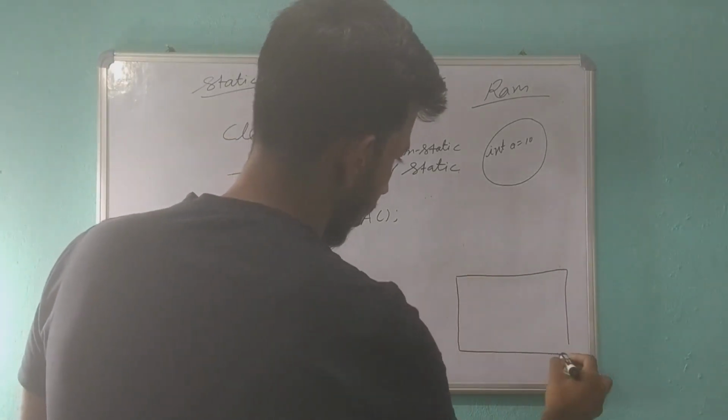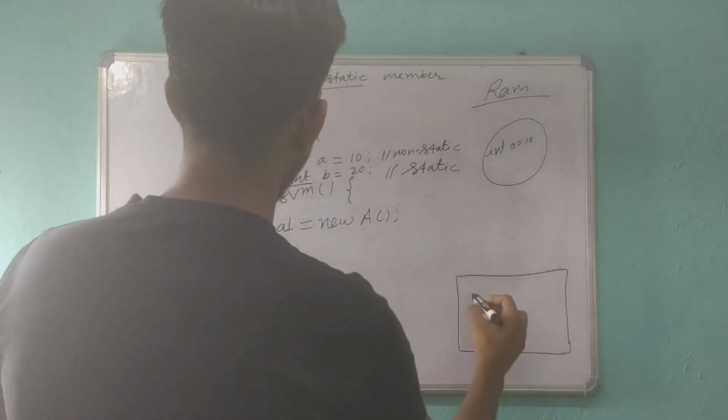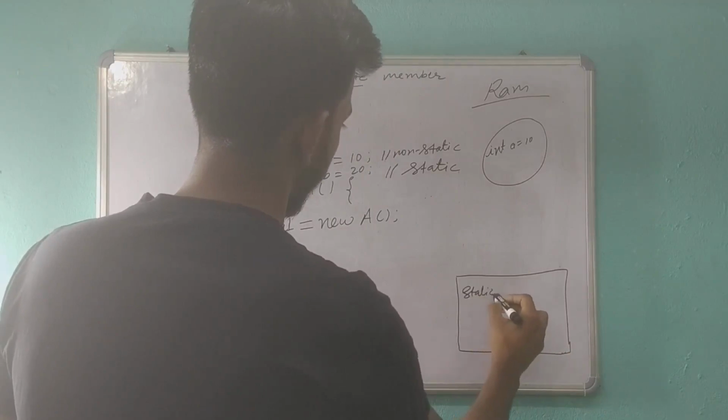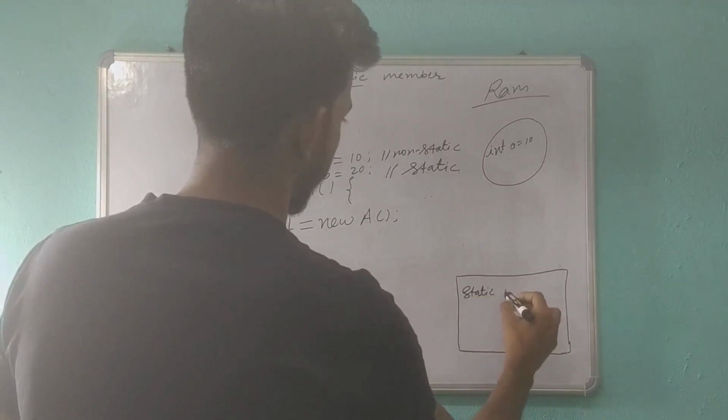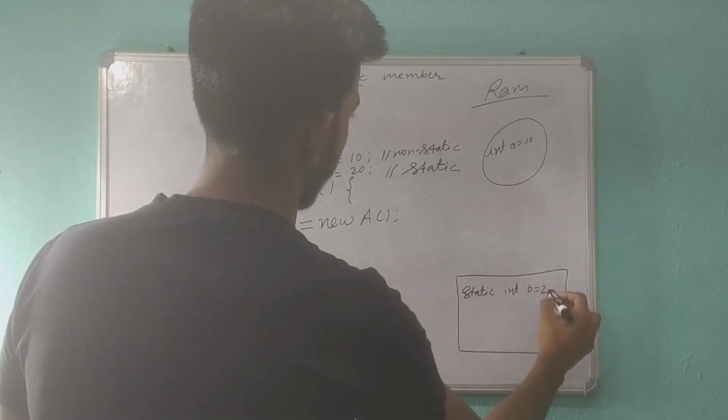Every class has a memory and static members will get loaded into it. Static int b equals 20.